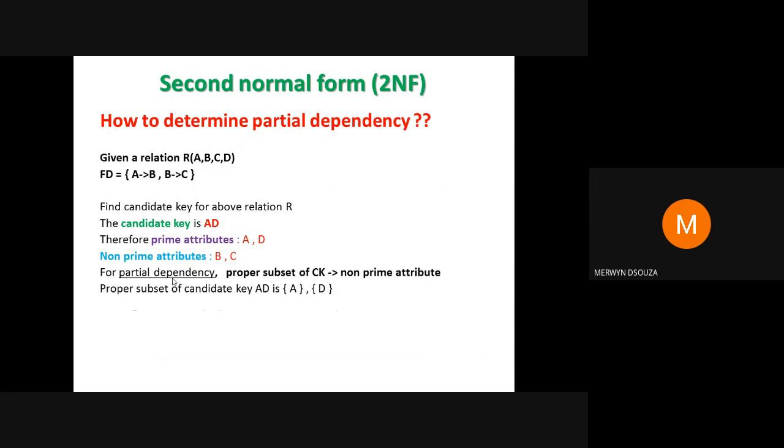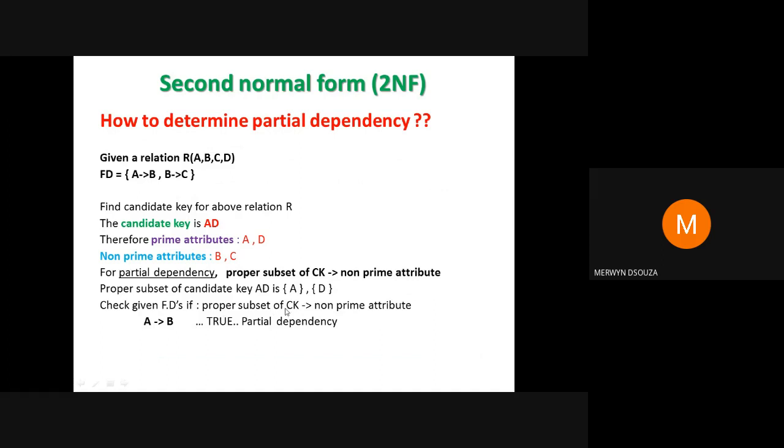So check this condition now, proper subset of the candidate key, A or D. Let's take A. A, the proper subset, determines B, which is a non-prime attribute. So this condition exists.